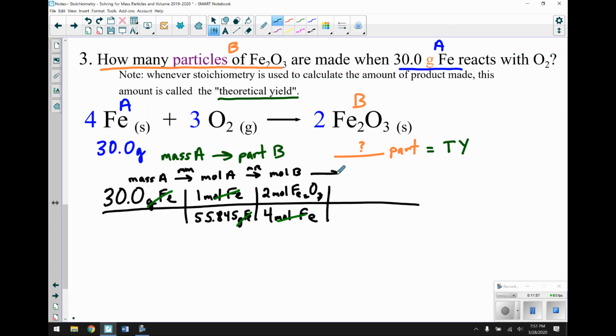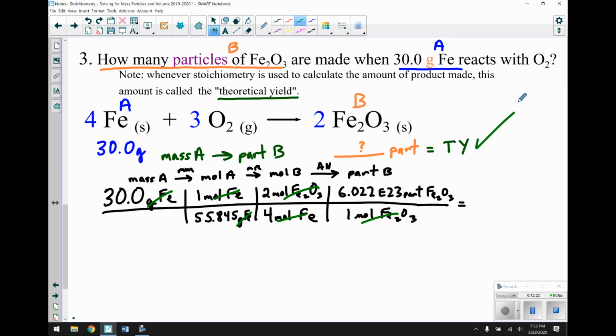And once I have moles, how do I get to particles of B? Well, particles of B, Avogadro. Let's plug in our Avogadro's number and get our particles of B. Again, there's Avogadro's number. Moles of Fe2O3 cancel, and what am I left with? Particles of Fe2O3, which is what I wanted.